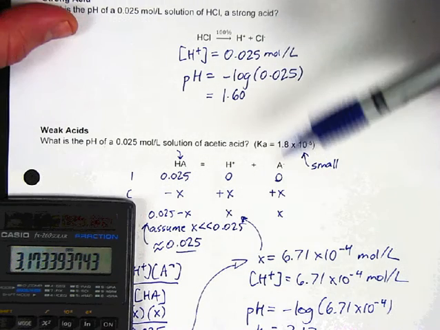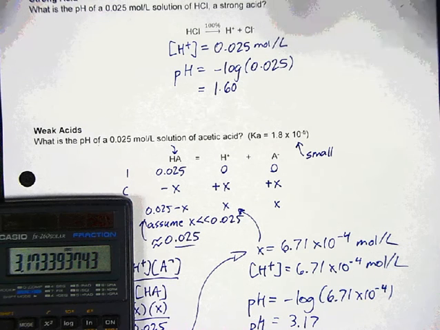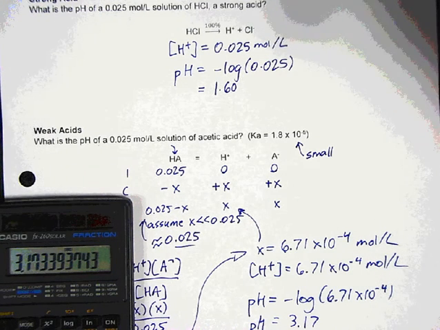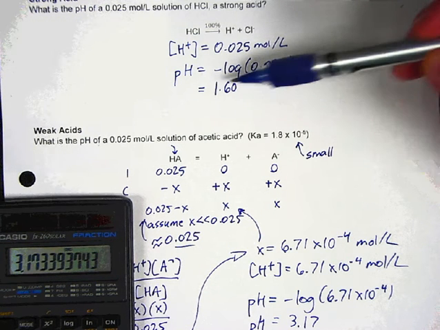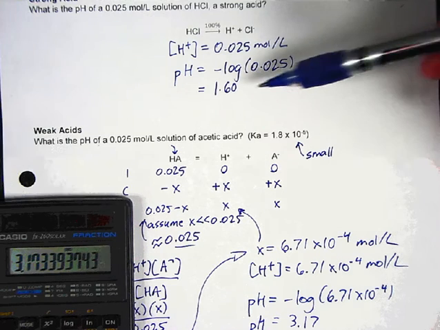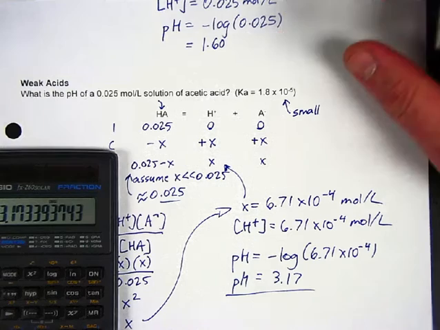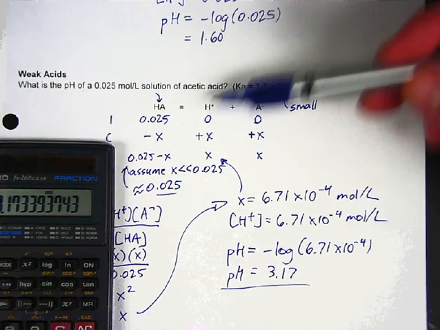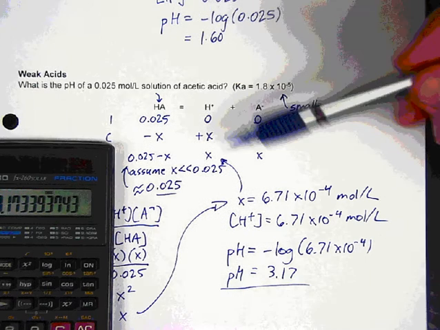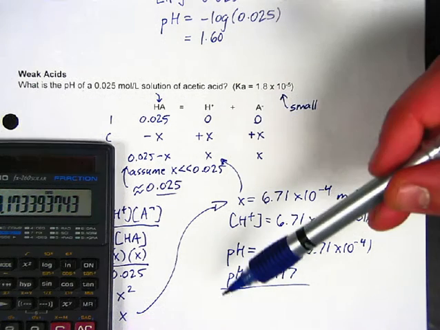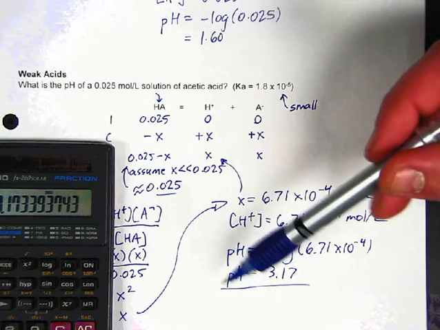But because the HCl is a strong acid, all of its acid has been converted into H plus, and so this is more or less the maximum value that it could be. This is the most acidic this solution could ever be. Whereas in this example, because it's a weak acid, not all of the acid is converted into H plus, and so we can see that it doesn't achieve that most acidic pH value.